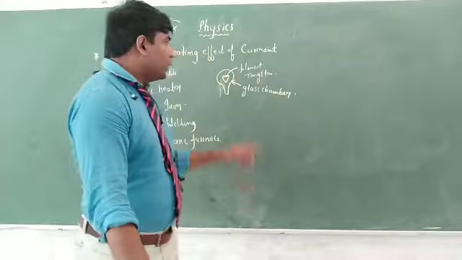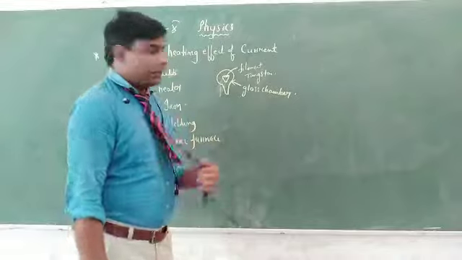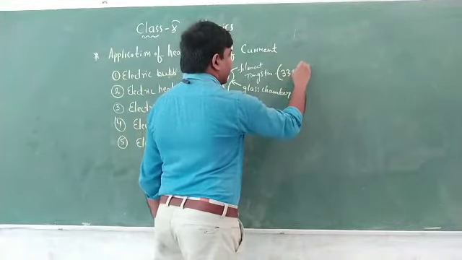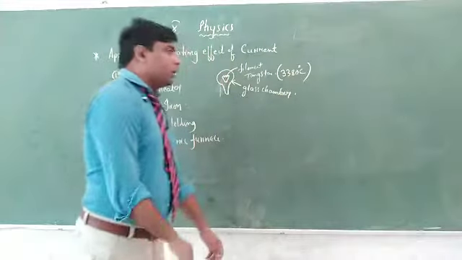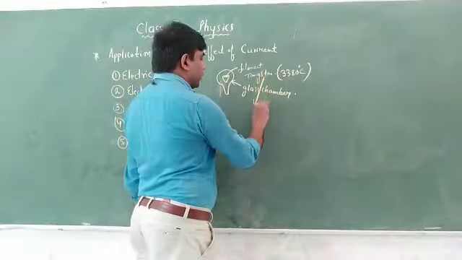Right? We use tungsten only because its melting point is very high, that is 3380 degrees Celsius. Also, its resistivity is high.